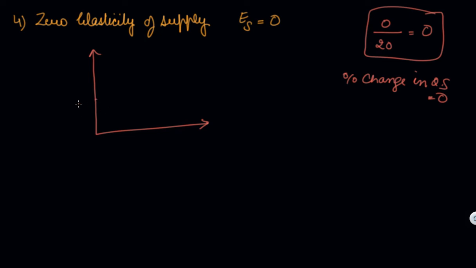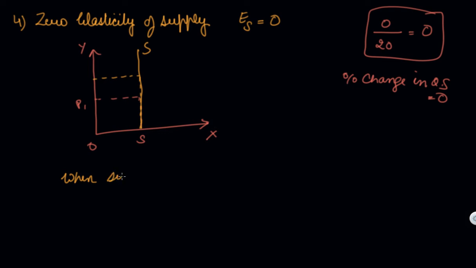Your price was P1, your quantity supplied was S, this is X and this is Y. So this was the supply curve. Now your price increases, but there is no change in your quantity supplied.